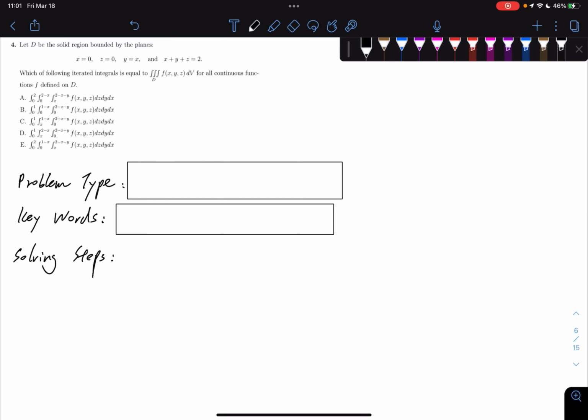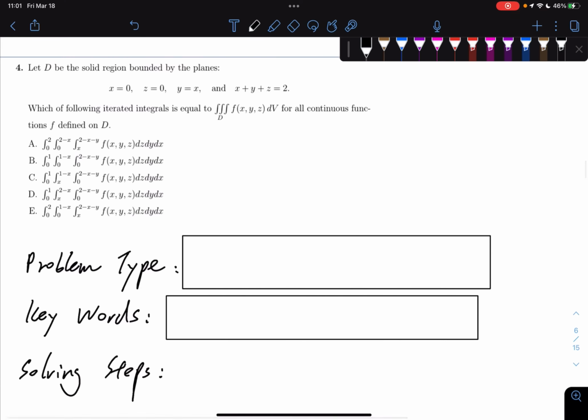So by looking at this question, I noticed that all of the answer choices are dz, dy, dx. So that tells me the answer should be expressed in rectangular coordinates.